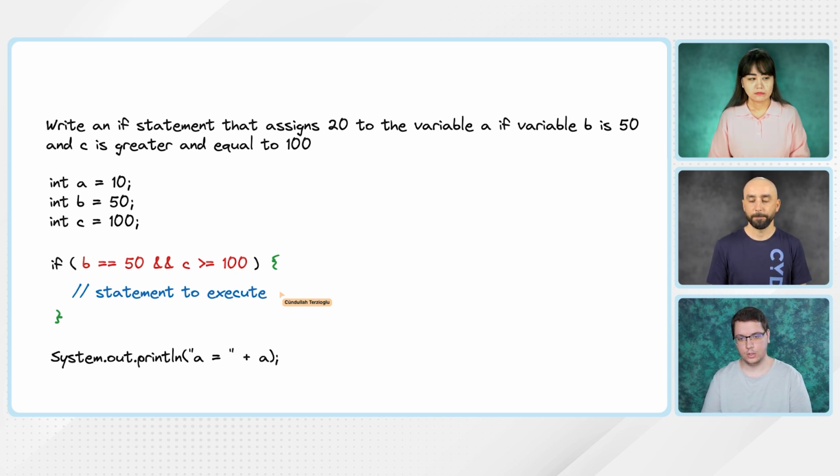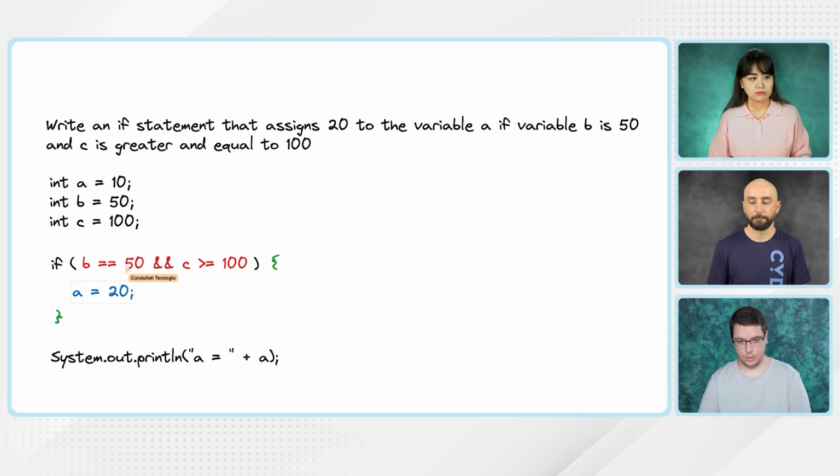So I created the condition now. The next thing that I need to do is to put the statement here. The question asks me to assign 20 to the variable a, right? So that's what I need to write here. So a is equal to 20.